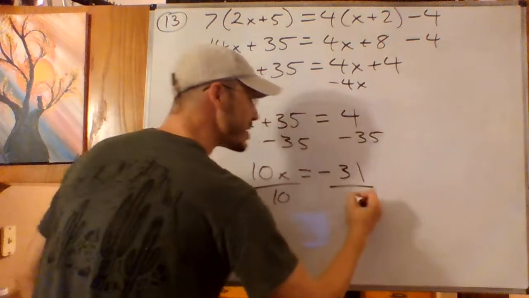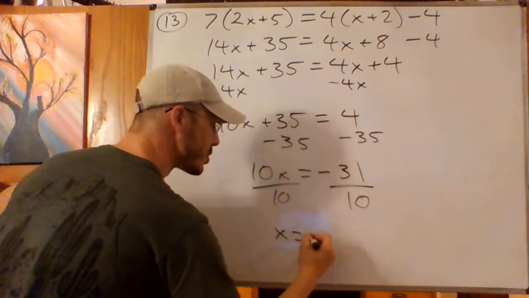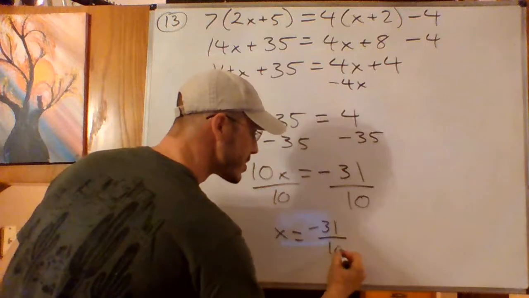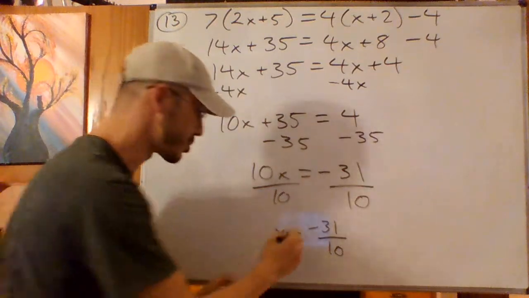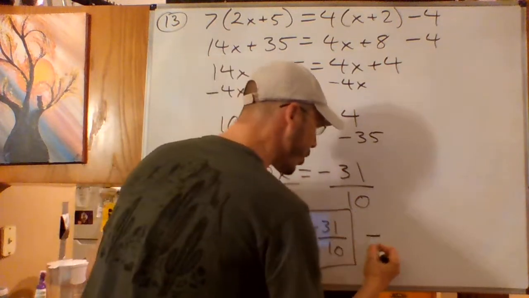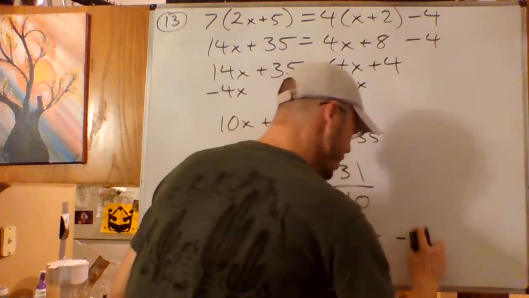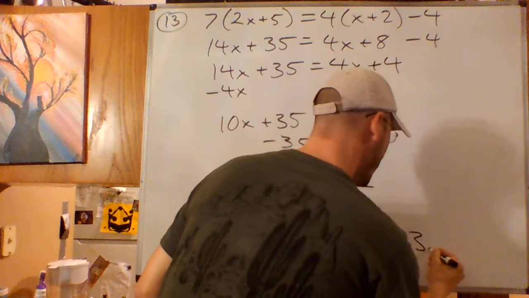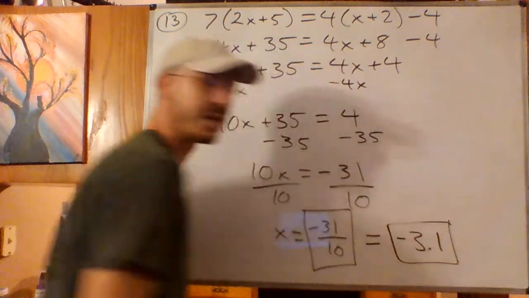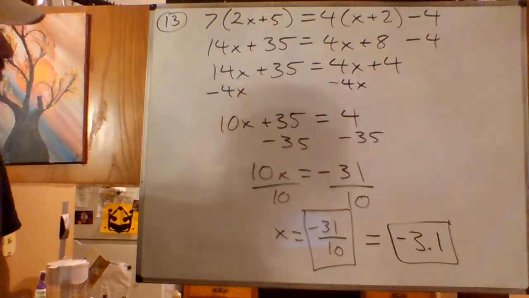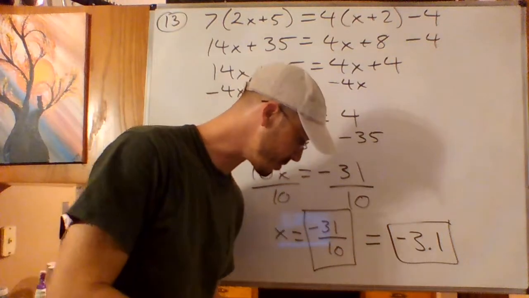And finally divide by 10. So x equals negative 31 tenths, which doesn't reduce, 31 is prime, or negative 3.1 is the decimal form of that one. Negative 31 divided by 10.